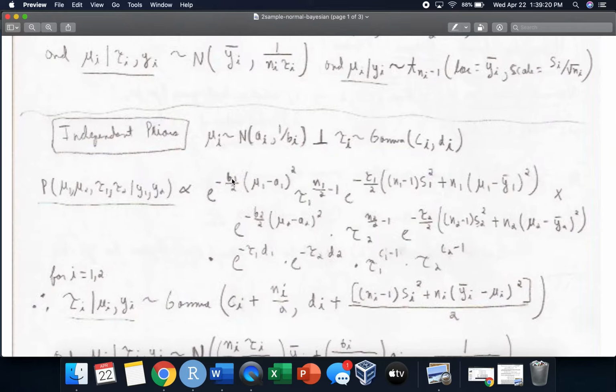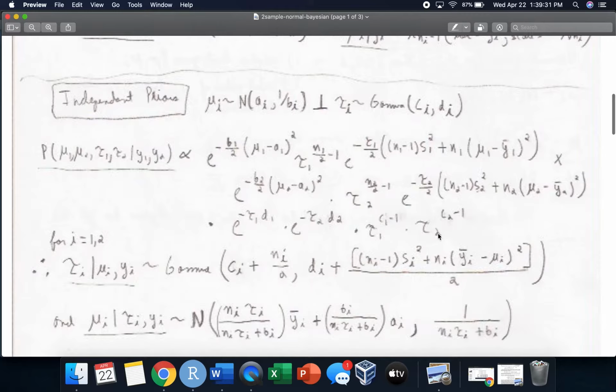So e to the negative b over 2 mu minus a squared for both i equals 1 and 2. And then we have this from before, and we'll also have this from the gamma. Essentially it's proportional, so we're taking away all the constants that we don't need. So we'll end up with this big PDF here.